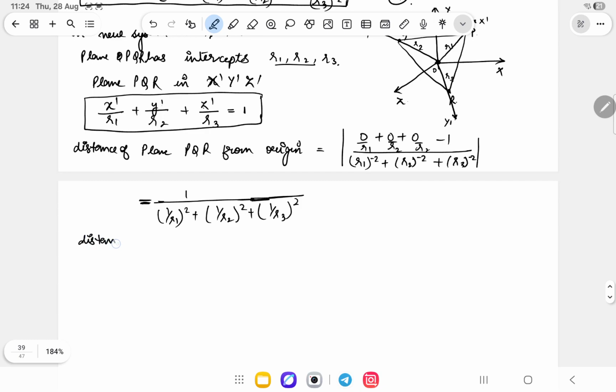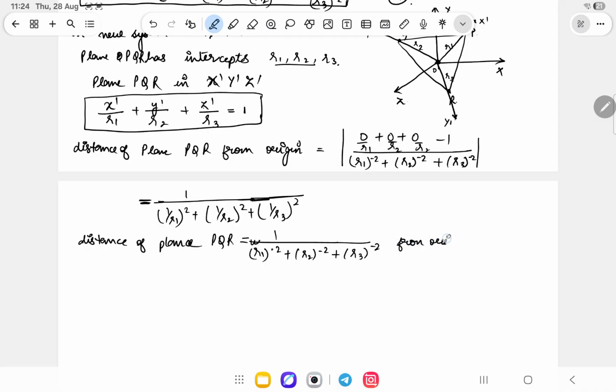So the distance of plane PQR from origin, 1 by root of r1 raised to minus 2 plus r2 raised to minus 2 plus r3 raised to minus 2, is equal to this distance from origin in both the xyz and x dash y dash z dash systems.